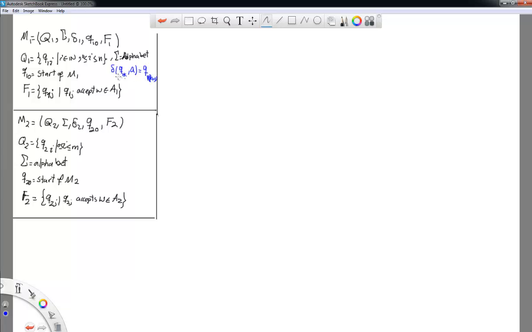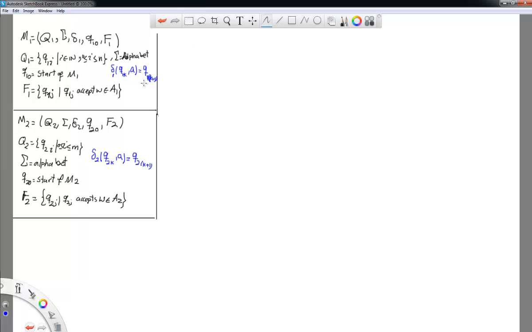Okay, so basically this transition table says how my Q sub 1 moves through when every alphabet symbol is encountered. So this is delta sub 1. And delta sub 2 does the same thing, but for Q2s. So if you are in state Q sub 2 K, and then you read a symbol, then you go to Q sub 2 K plus 1.